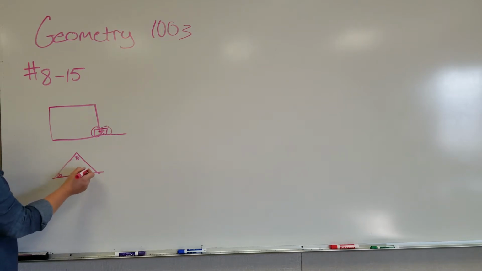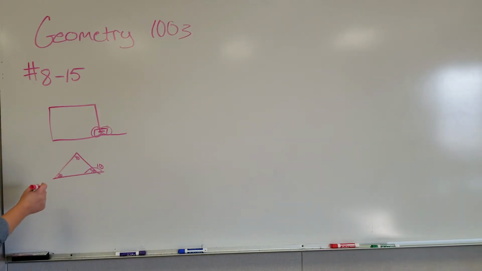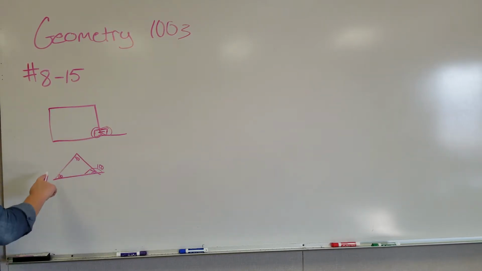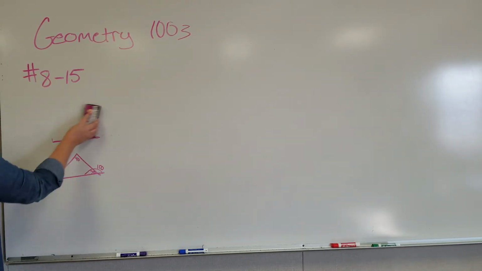That means this one is 70. These are supplementary. This one's actually going to be 110. Okay? So, yes, the interior and exterior can be equal if it's next to a right angle. It's never going to happen unless it's next to a right angle.